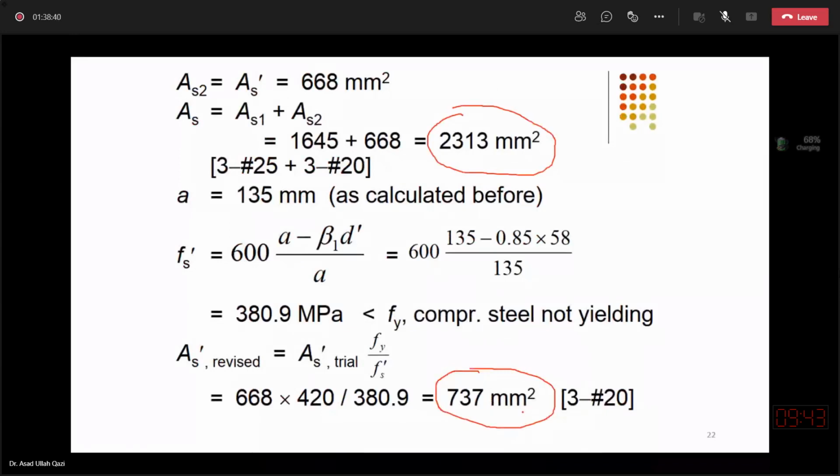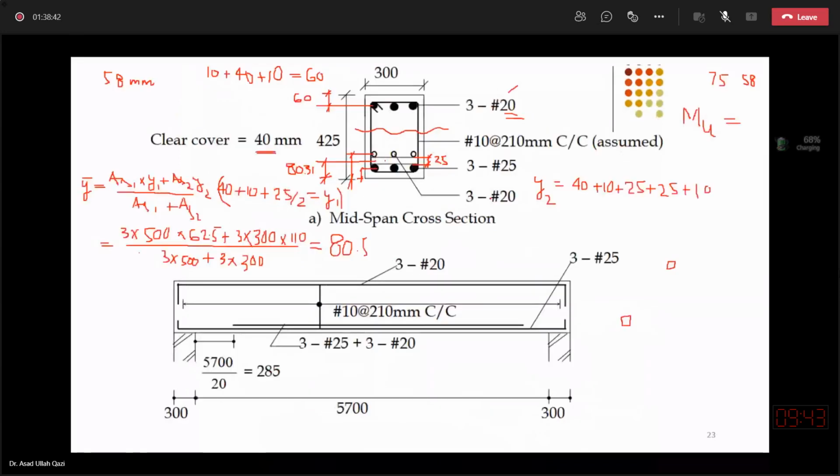So for example, ये कितना आपका आता है AS जो टेंशन स्टील है 325 के 3 into 500 plus 3 into 300. So how much you get?